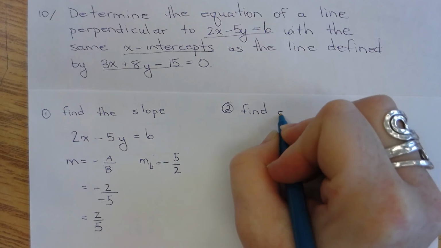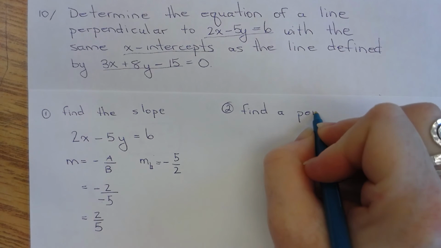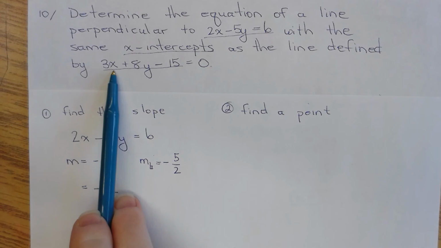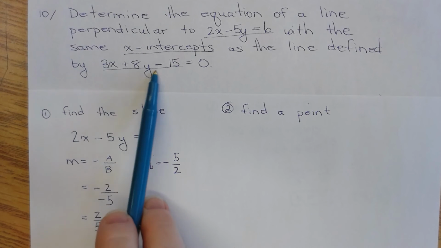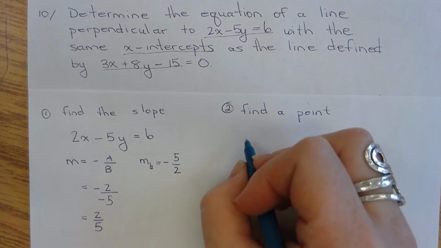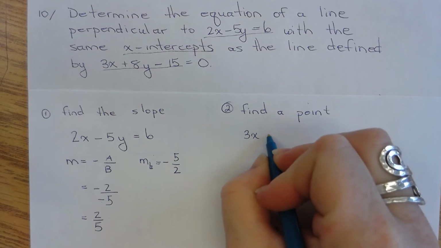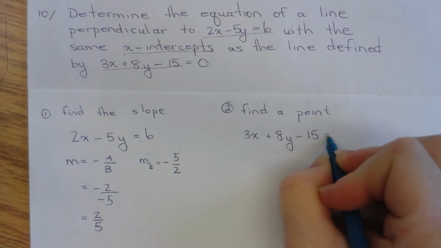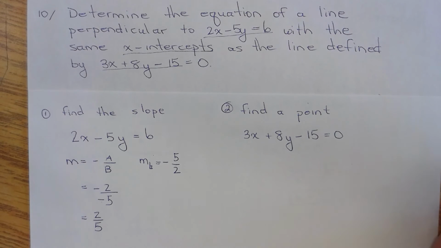To find a point, I'm going to use the fact that it has the same x-intercept as this line. If I can find the x-intercept of this line, then I've found a point that's on my new line. So let's take 3x plus 8y minus 15 equals 0. To find the x-intercept, I need to set y equal to 0.